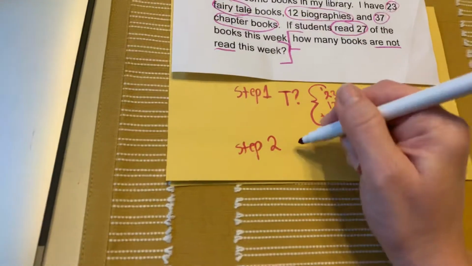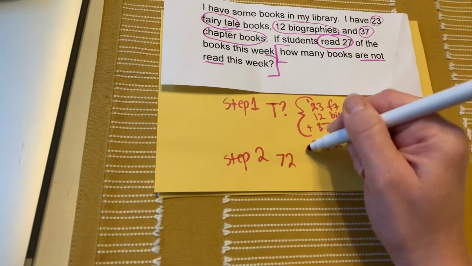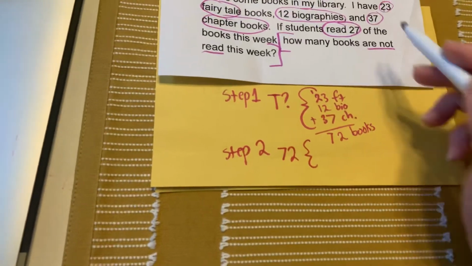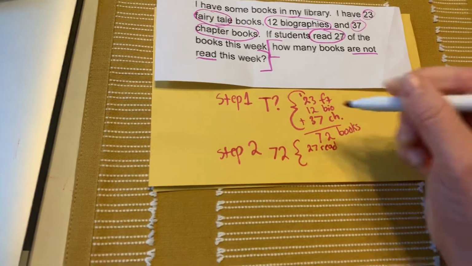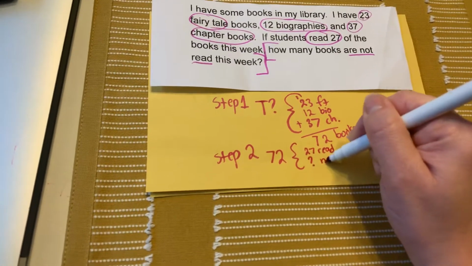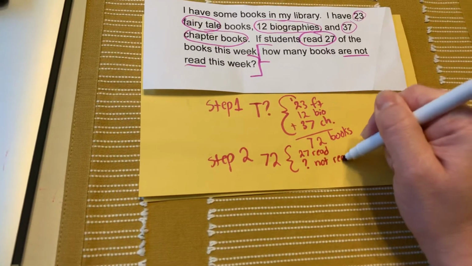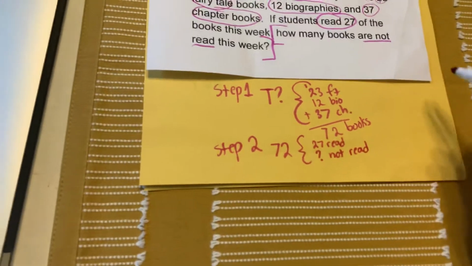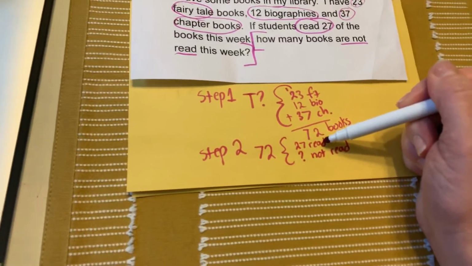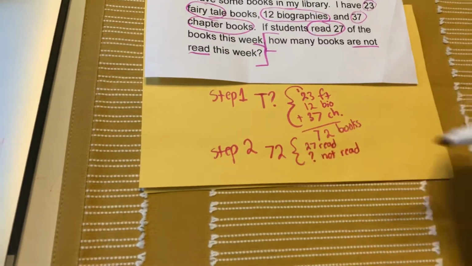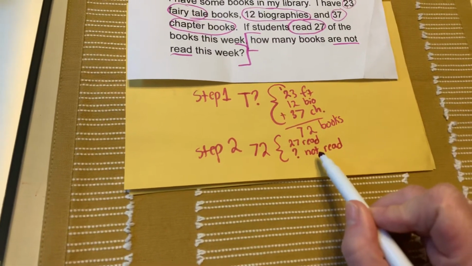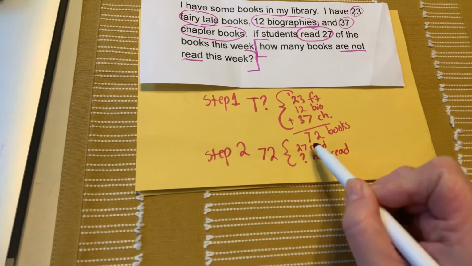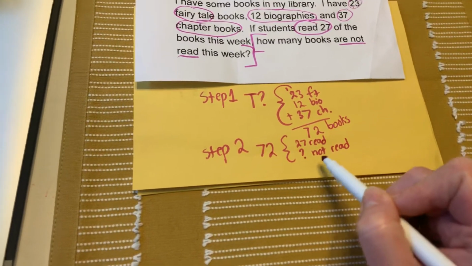I know that I have 72 books as my total. 27 are read, and I don't know how many are not read. Okay, so if I add up how many they read plus how many are not read, I should get 72. So I'm missing a part.